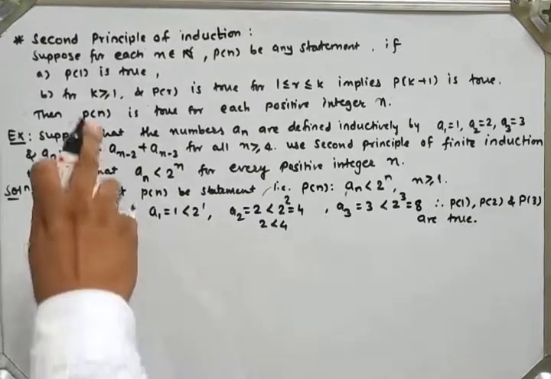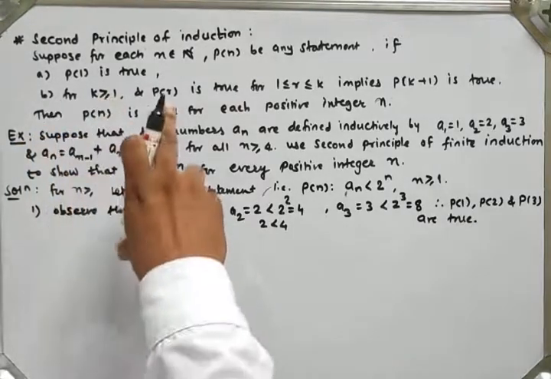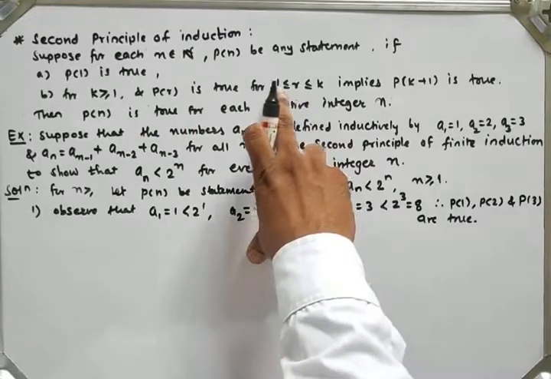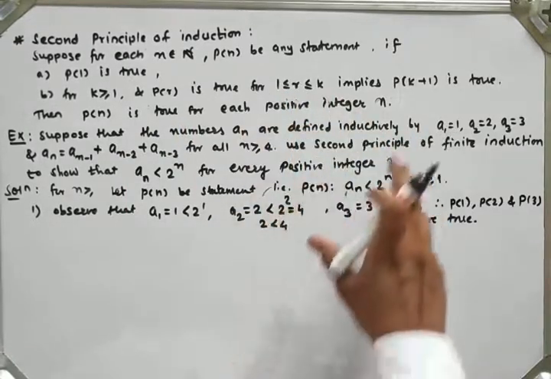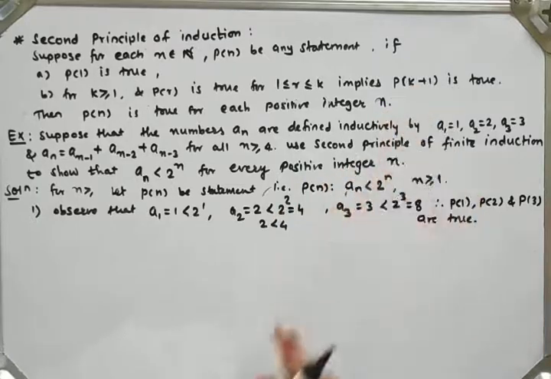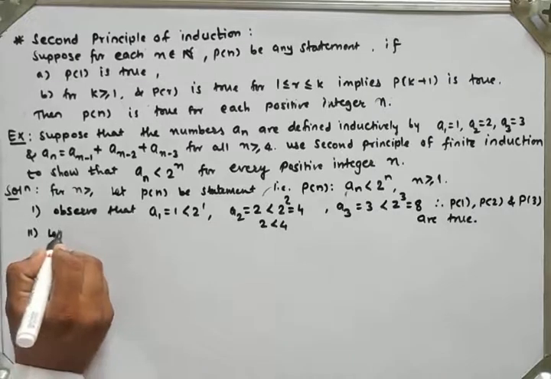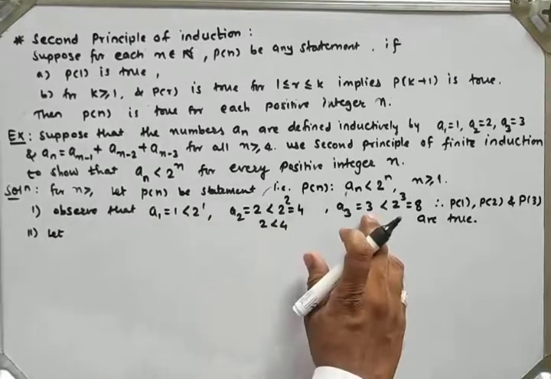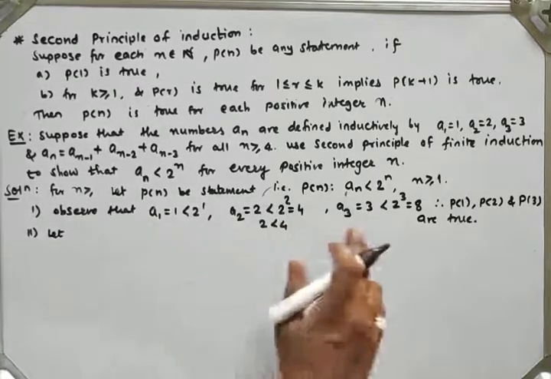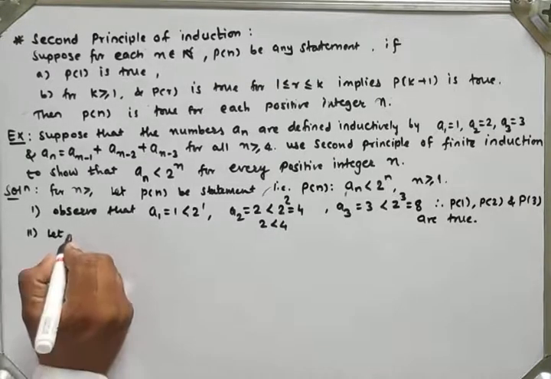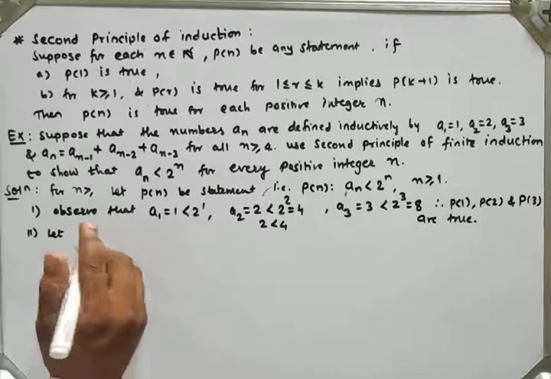Now for the second case, for k greater than or equal to 1, P(r) is true for all values of r between 1 and k. Then we show that P(k+1) is again true. We have checked for n equal to 1, 2 and 3. Now to check for n greater than 3, let n be k.